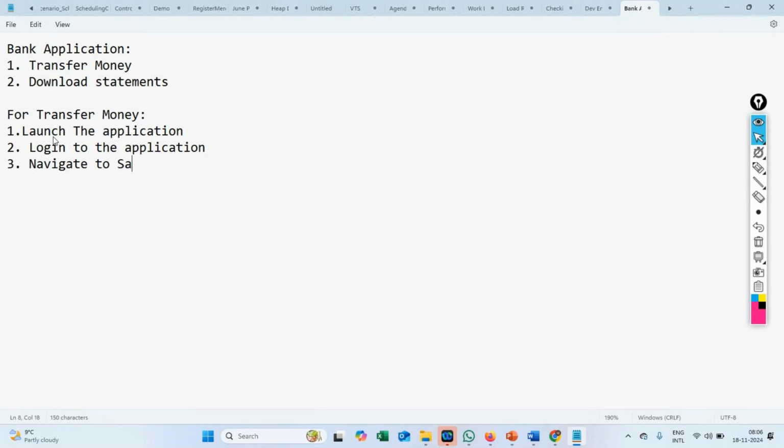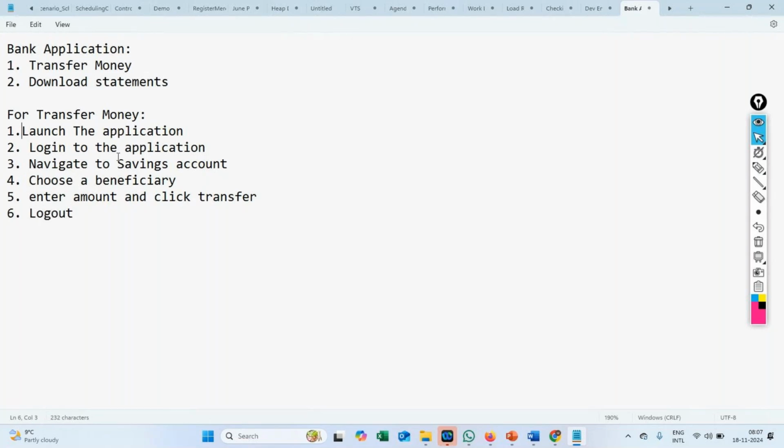Then we select a beneficiary to whom we want to transfer the amount, then enter the amount and click transfer. And finally, the last step is logout of the application.